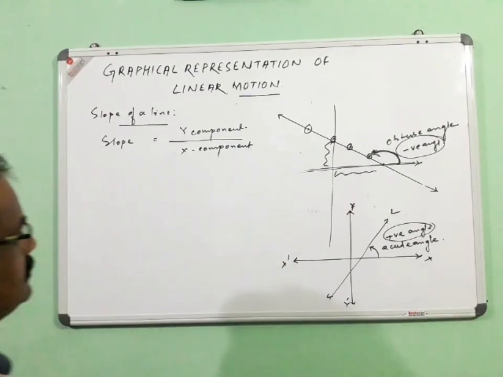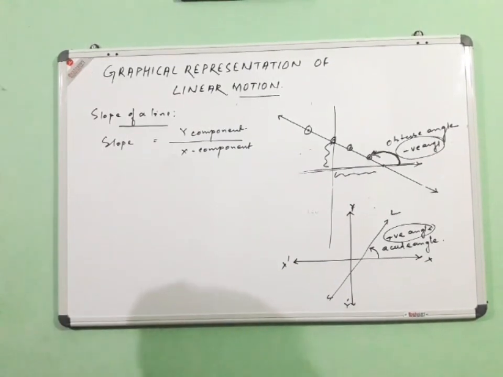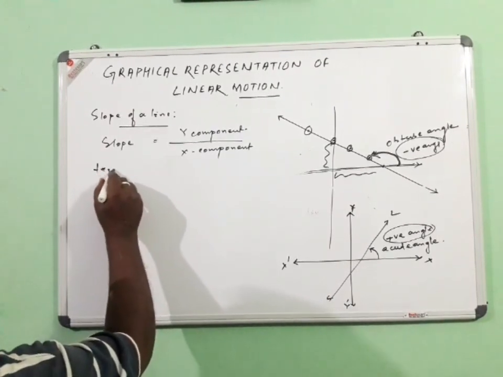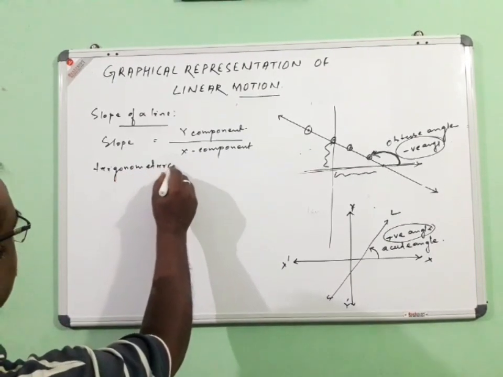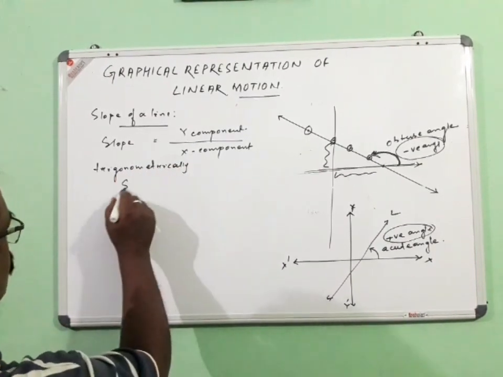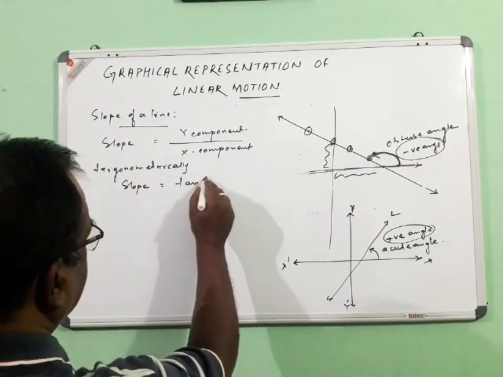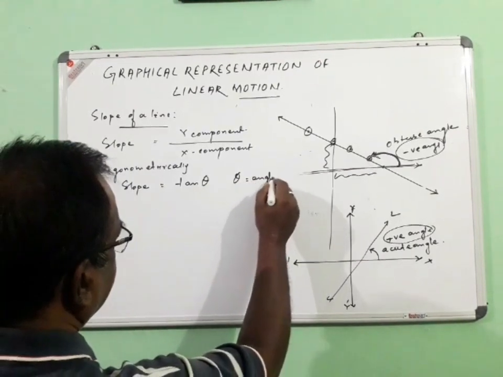Or in other words, whenever you read about trigonometry, trigonometrically the slope of a line is considered to be tan theta, where theta is the angle of inclination.